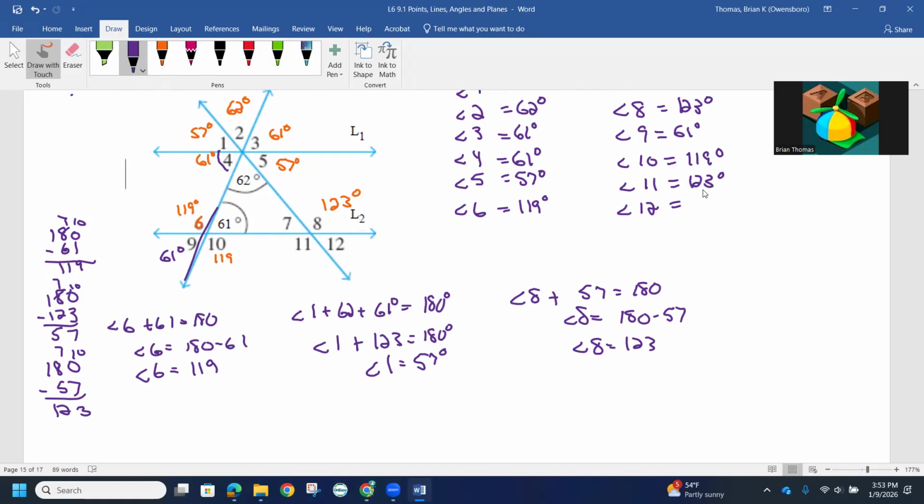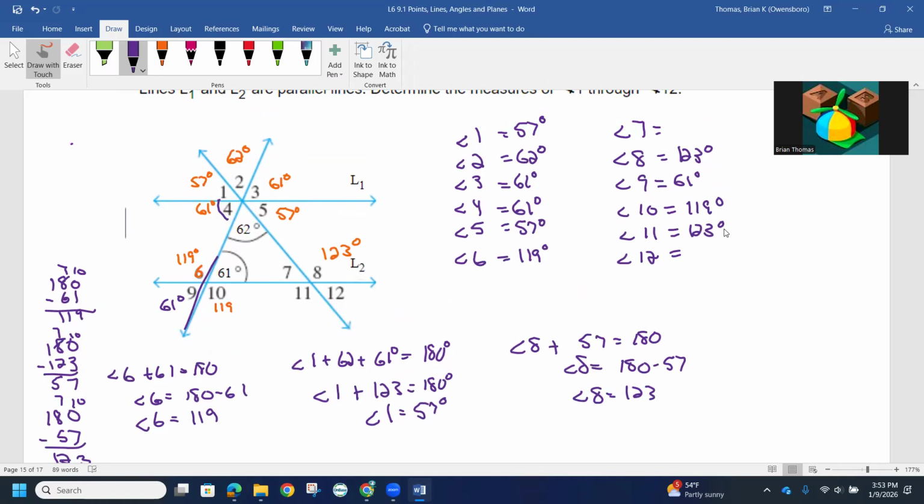Let's see, I don't think I've got 7 yet, so let me just go back up here. Nope, don't have 7 either. But notice that 7 and 8 are complementary, but also 5 and 7 are alternate interiors. So there's a couple ways of seeing that. So alternate interior. So bottom line is 7's got to be 57 because these got to add to 180 or these got to be equal, congruent.